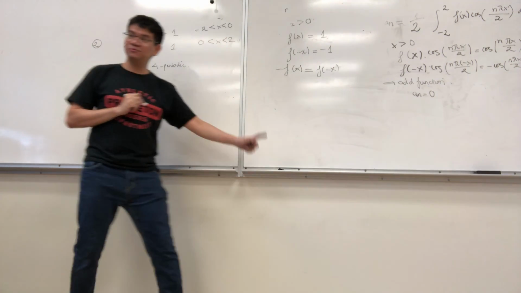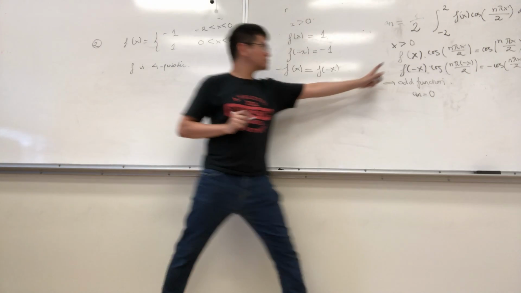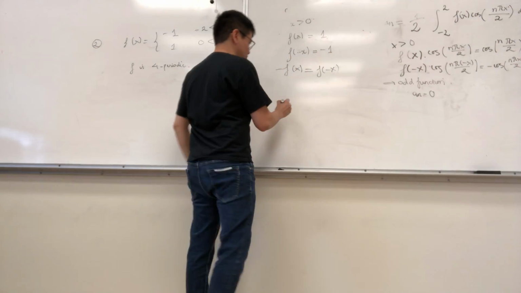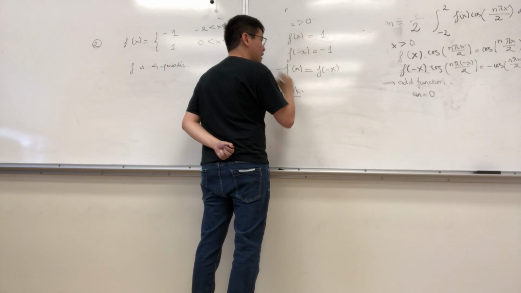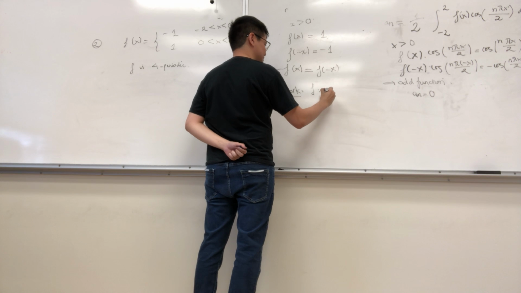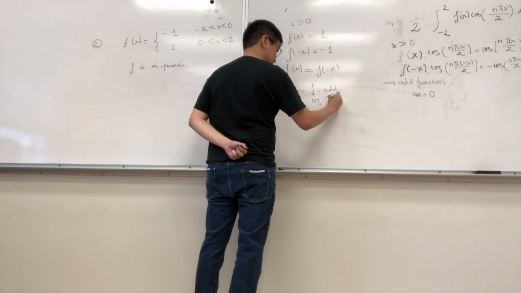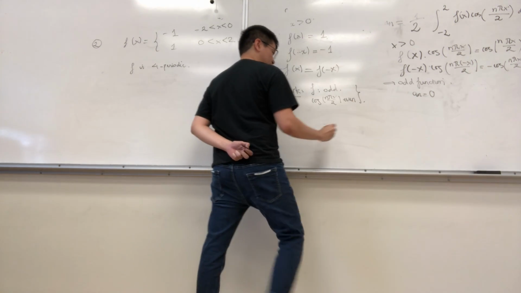Again, the remark here is that the function is odd, and cosine is an even function. So odd times even is odd. Right? So, remark: f is odd, cosine of n pi x over 2 is even, so we have odd.